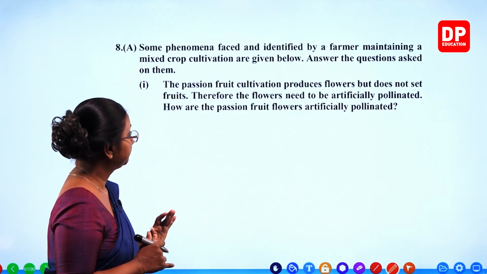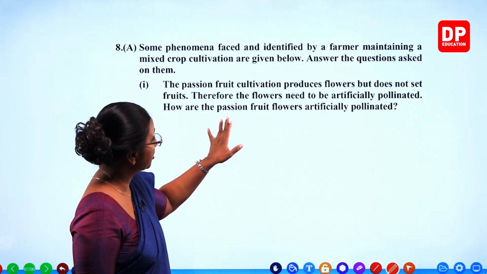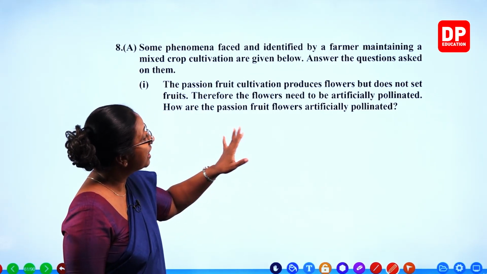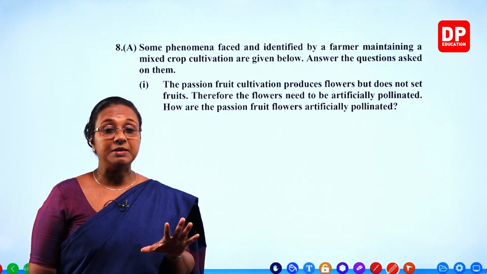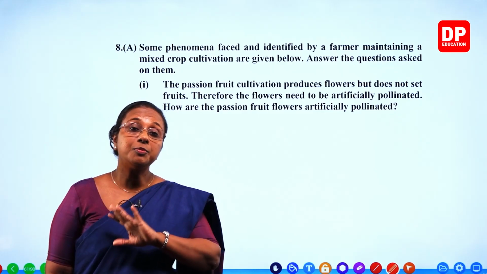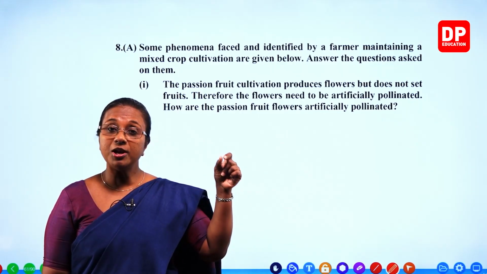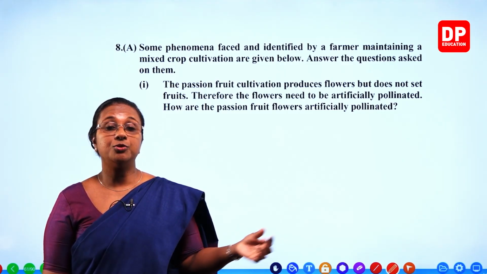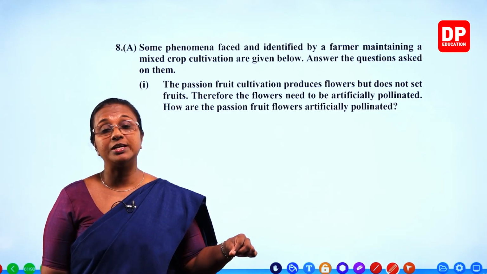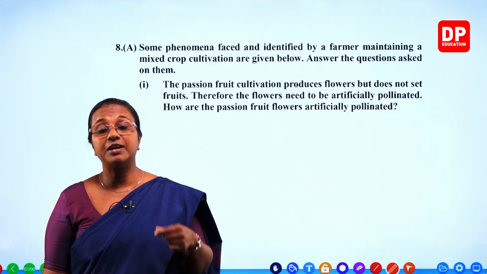Now, here, the observation says the passion fruit cultivation produces flowers but does not set fruits. That means, you all know, the pollination has to occur. After pollination occurs, the pollen has to grow into the pollen tube, and through the pollen tube, the gametes have to travel towards the ovary, and there the ovules have to get fertilized.